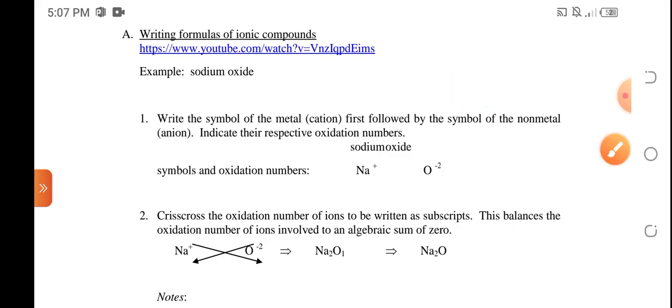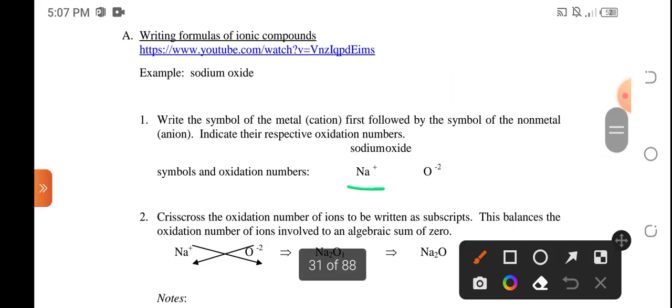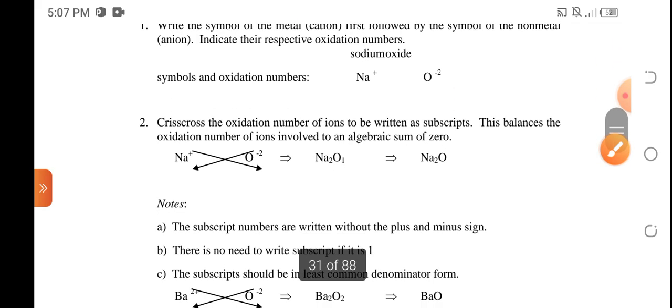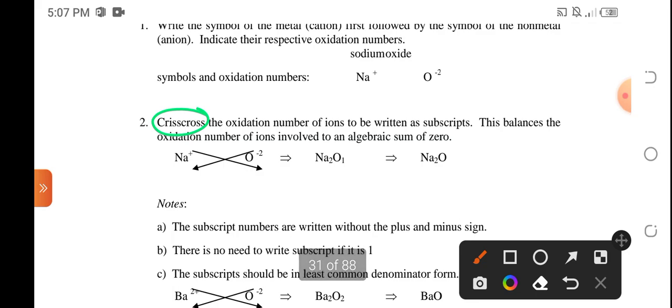Okay? Once we had this symbol as well as the charges, next step is we crisscross. Ang mangyayari dito sa crisscross, yung charge ng cation ay pupunta na maging subscript ng anion. And then yung charge ng anion pupunta na subscript ng cation naman. Okay? So, magpapalit lang sila.